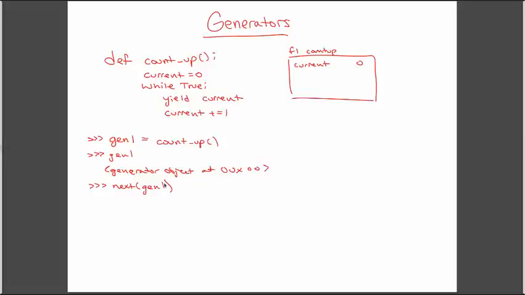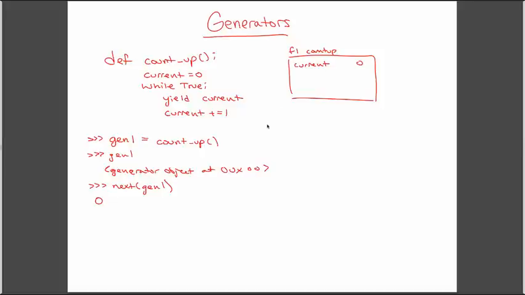So when I first call next on gen1, I'm going to start here, go down here. When I hit this yield keyword, I'm going to pause execution of this function, and I'm going to spit out this value current, so I'm going to get a 0 out. And I'm going to keep this frame around. When I return normally in Python, I can just get rid of the frame, because I'm done with all of the contents in it.